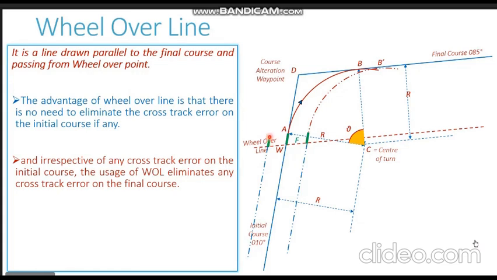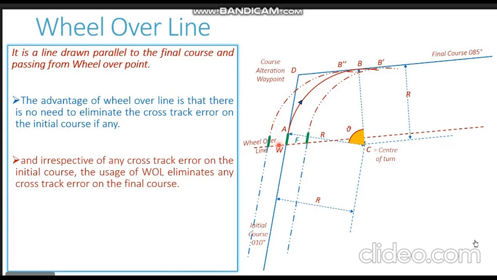At this particular point, it starts to respond to the helm, starts to move on the curved path, and the vessel finally lands at this particular position represented by B double dash. And you see that irrespective of any cross-track error on the initial course, the vessel reaches the final course with zero cross-track error. So this is the advantage of the wheel over line.